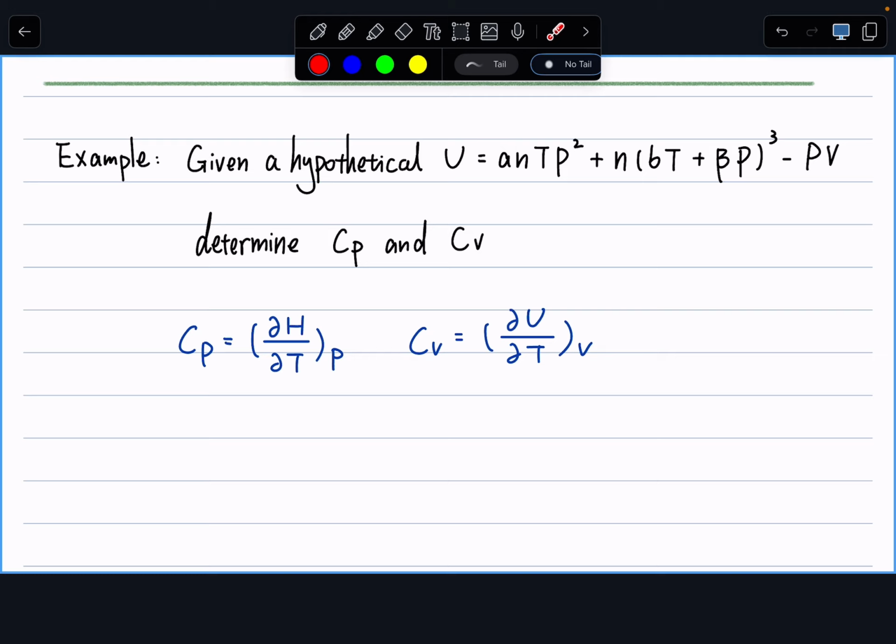Or we need an equation of state to help us solve for the derivative here to get an expression of CV. This is a good example I want to highlight because it shows that in this class, occasionally you'll be looking at this kind of expression and jumping too fast into solving the calculus.